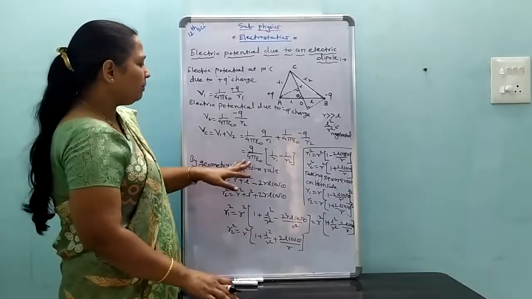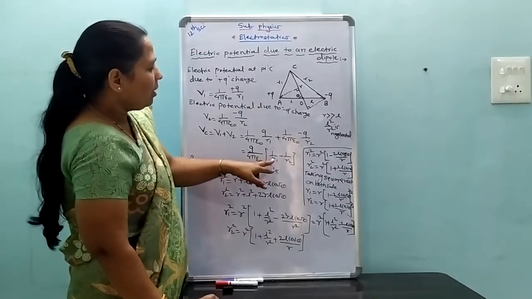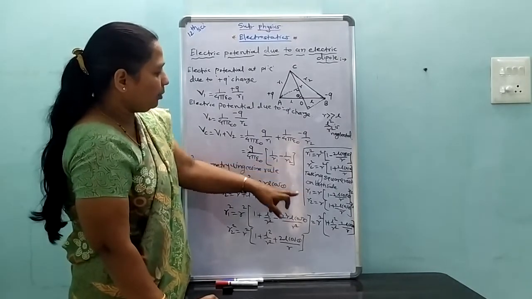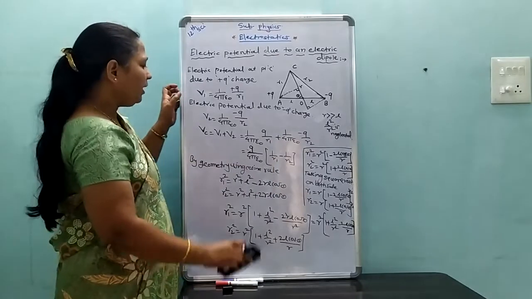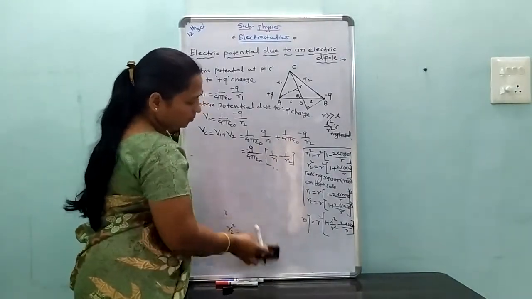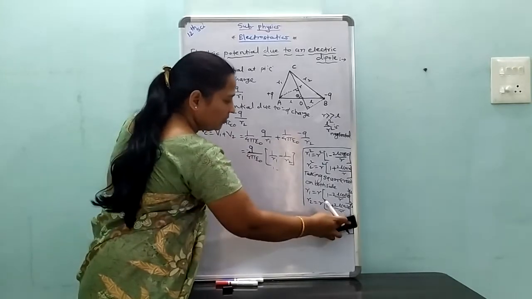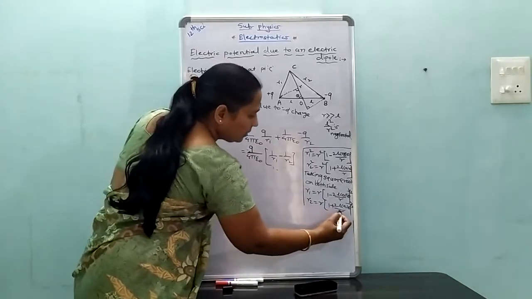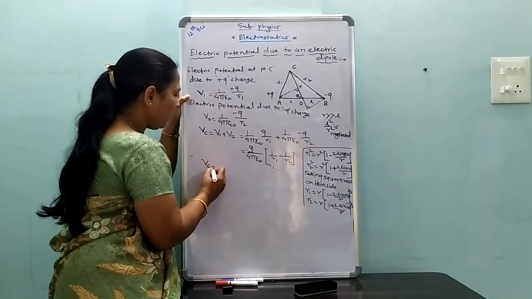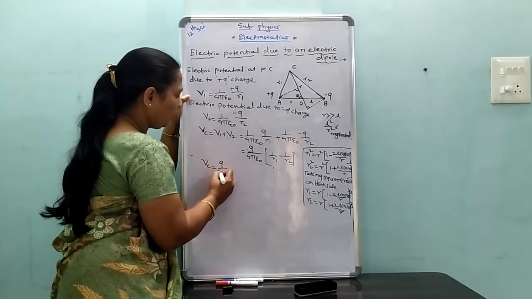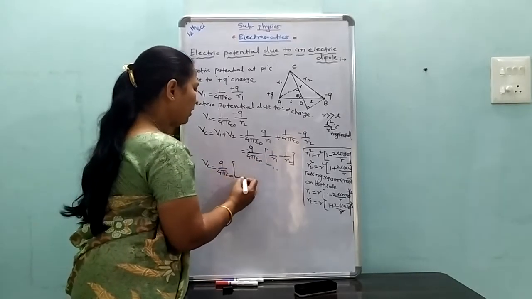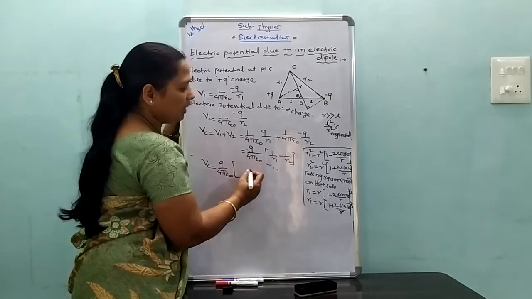Those values can be substituted in the values of 1 upon R1 and R2. Substitute that value. We get the terms V is equal to, means potential at point C is equal to Q upon 4 pi epsilon 0 in bracket 1 upon R1.